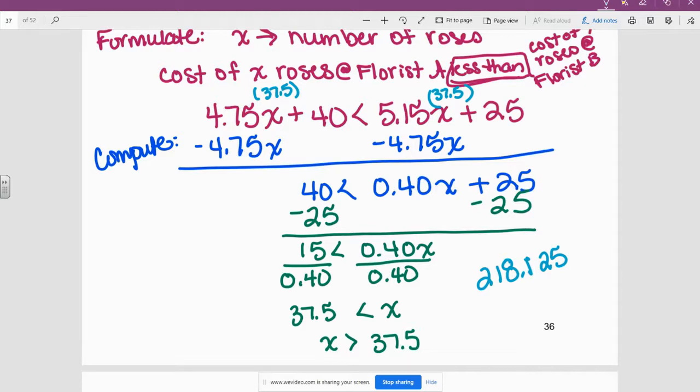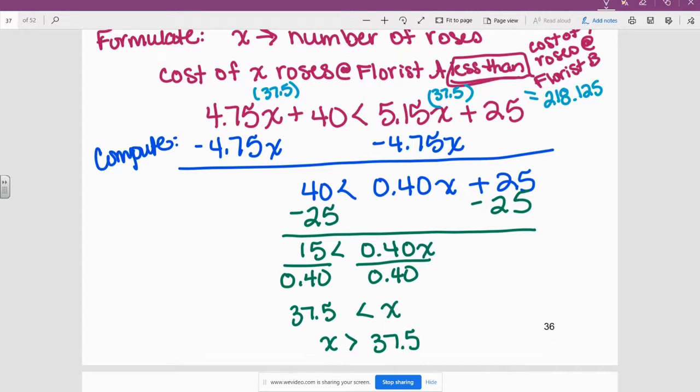So I know that my answer of 37.5 roses is right. That's when they're exactly equal, because that's when they both equal $218.125.